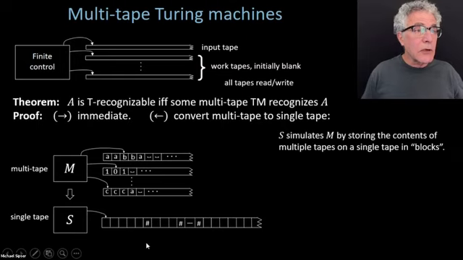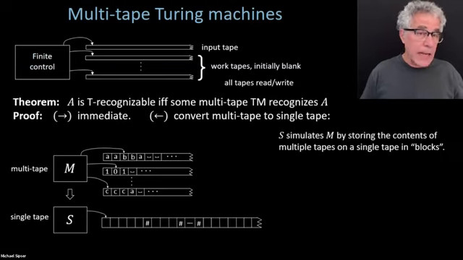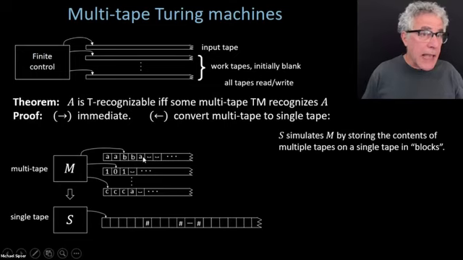So I'm basically going to divide up the single tape Turing machine's tape into separate regions, where each region has the information that was on one of the tapes in the multi-tape machine. For example, the first tape has AABBA.